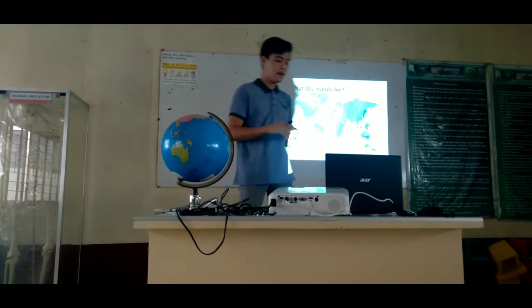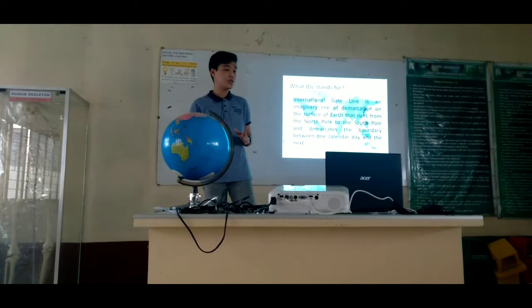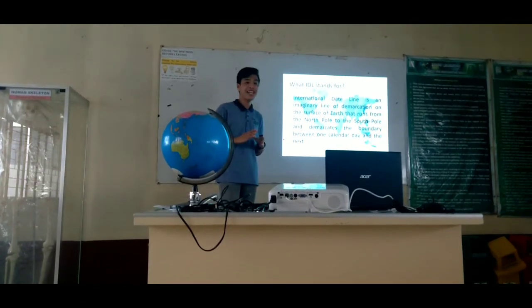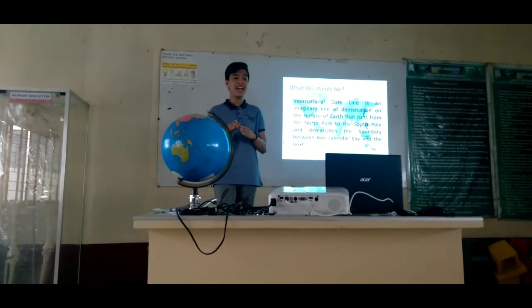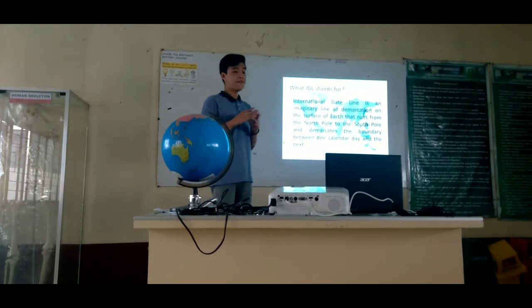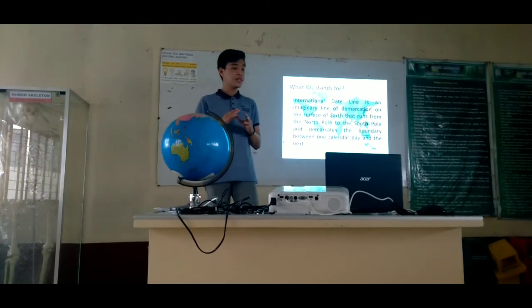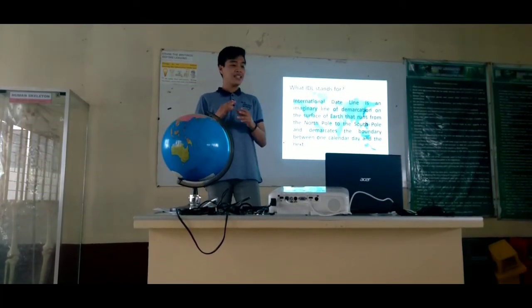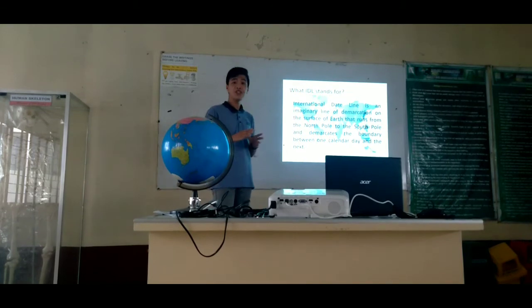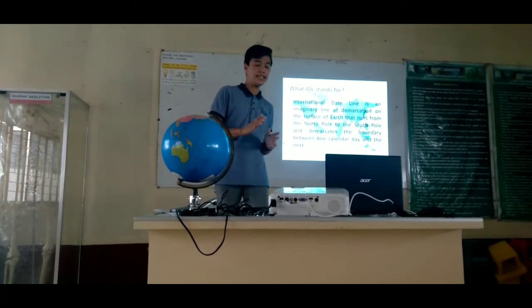So, okay, here's the definition of IDL. IDL is also known as the International Date Line. It is an imaginary line of demarcation on the surface of Earth that runs from the North Pole to the South Pole and demarcates the boundary between one calendar day and the next.